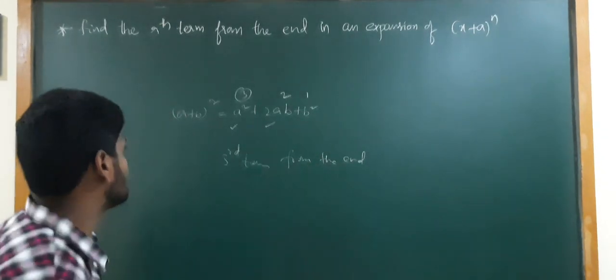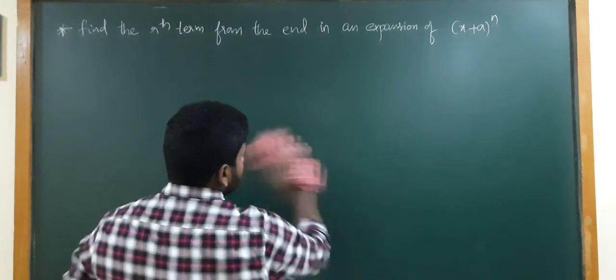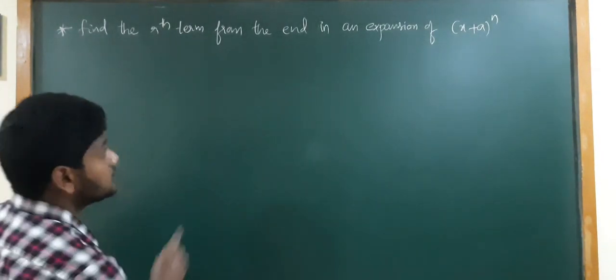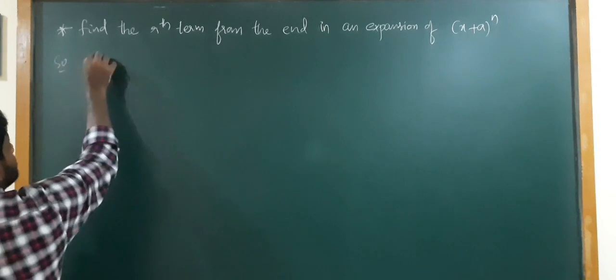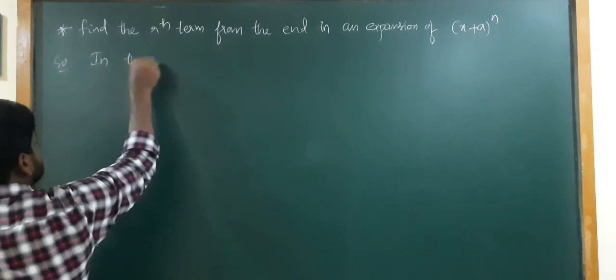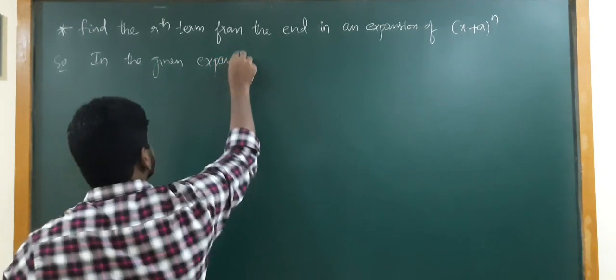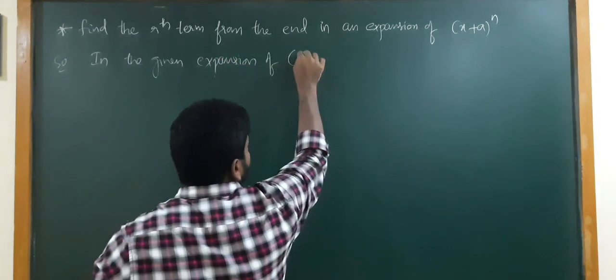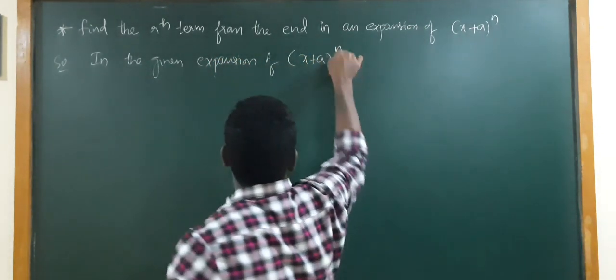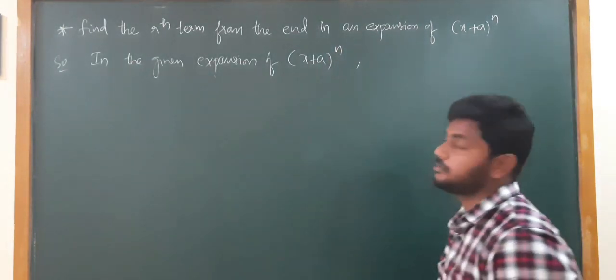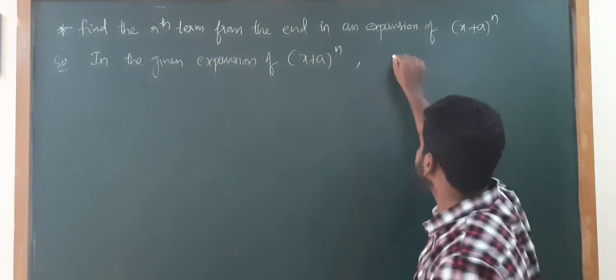Did you understand here? The concept is, for example, in the given expansion of x plus a whole to the power of n, how many terms will be there?